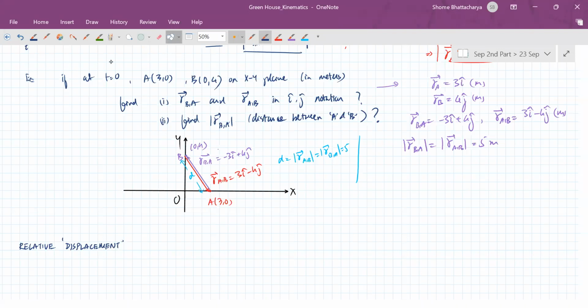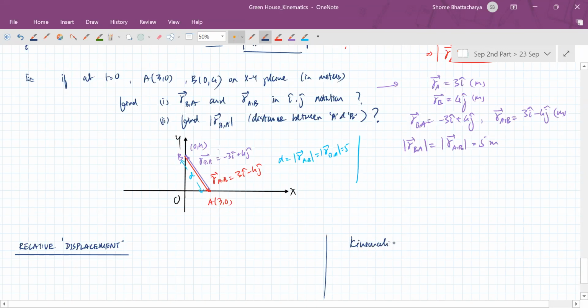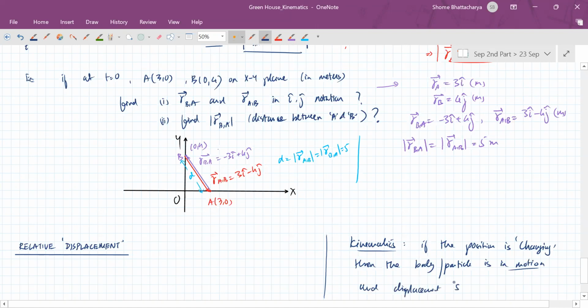From our earlier understanding of kinematics, if the position is changing, then the body or particle is in motion, and the displacement S at any point of time becomes the change in position.